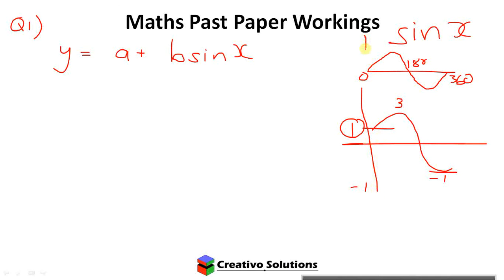You don't look at this side, you just look at that side. The graph for sine starts at 0, so I'm looking at 0 and where the graph starts. In this particular question, it started at 1, not 0, and then the graph went up to 3 and then down to minus 1.